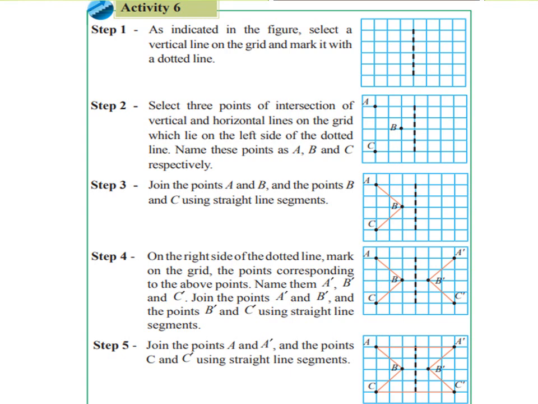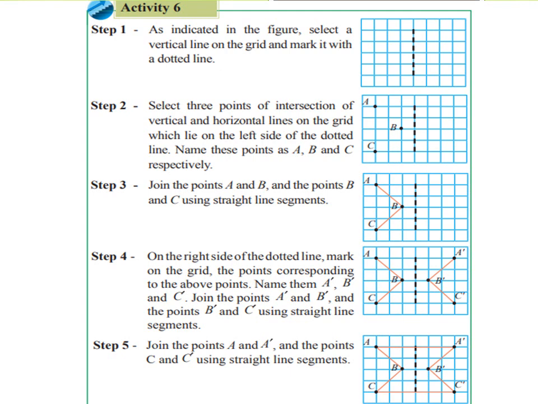And then you can match A and B and C. And then on the other side corresponding to A, put A with a comma on the top, and corresponding to B, put B with a comma on the top, and corresponding to C, put C with a comma on the top on the right side.